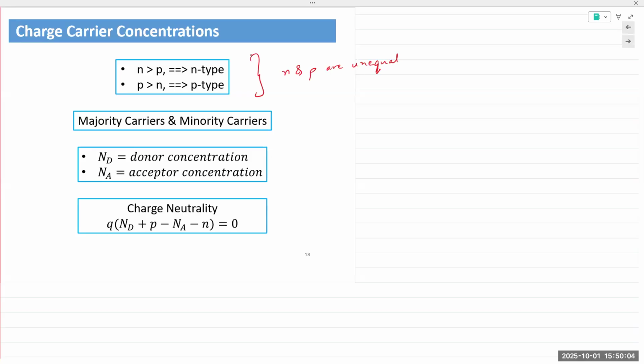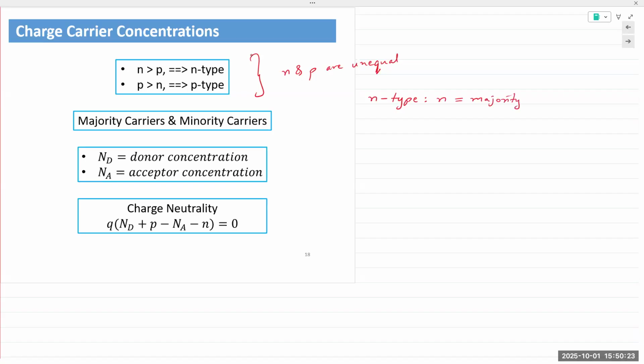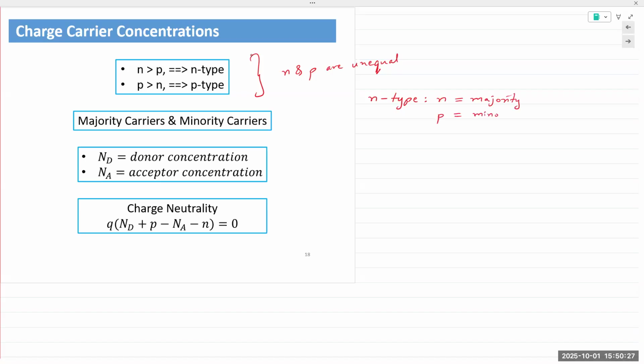So in an N-type material, electrons are the majority carriers, so n, and p are the minority carriers, or holes are the minority carriers.